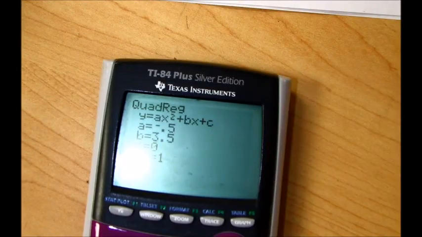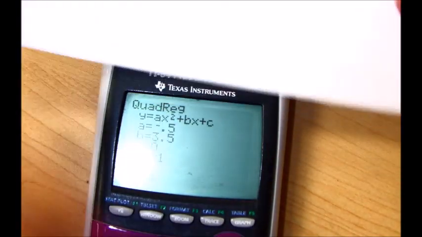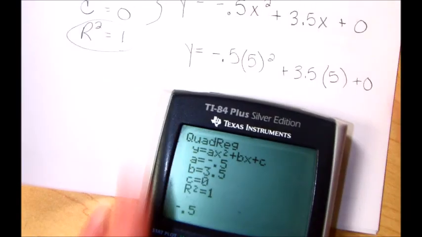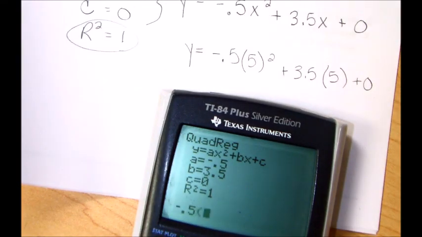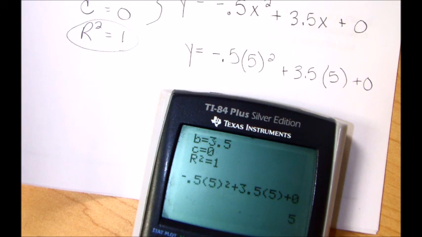Ready? Negative 0.5, parenthesis 5 squared, plus 3.5 times 5. I don't really need the plus 0, but there it is in case you wanted it. So we get 5.